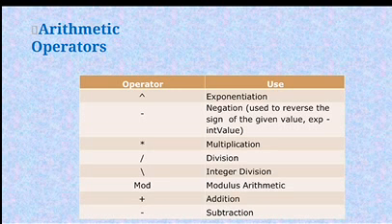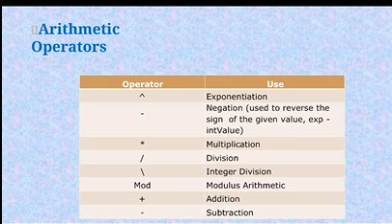Next, relational operators. The following table shows all the relational operators supported by C. Assume variable A holds 10 and B holds 20. That is equal to, not equal to, greater than.